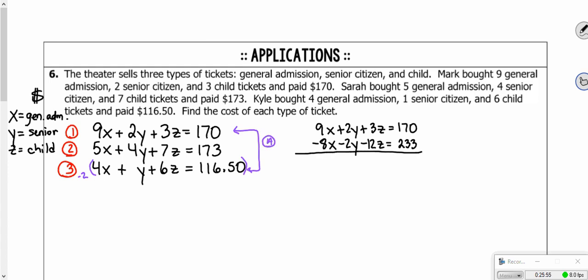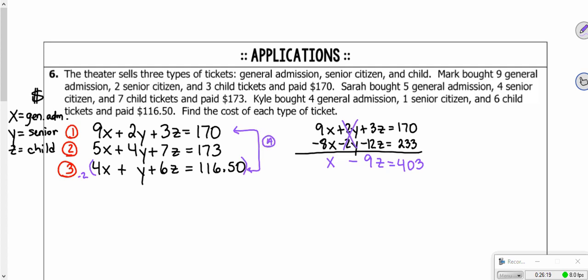Now, if I add those up, again, the whole purpose here was my y's are going to cancel. So that's going to give me 1x minus 9z equals -63.